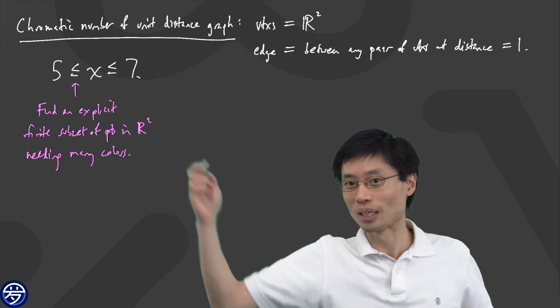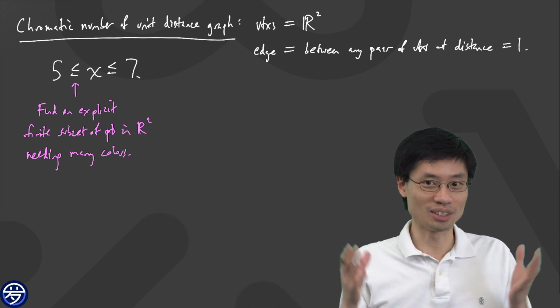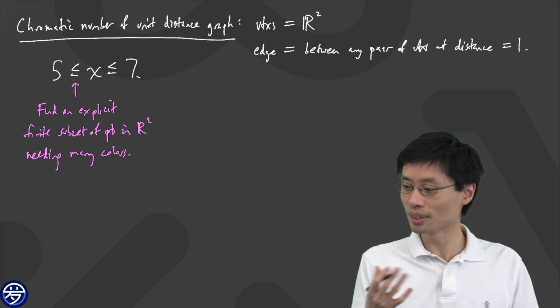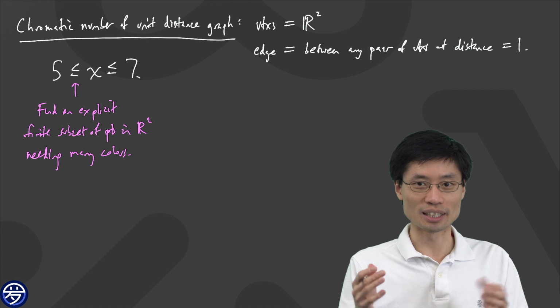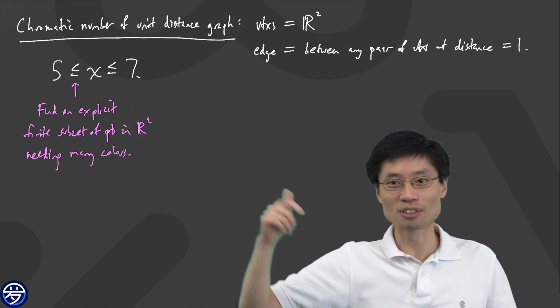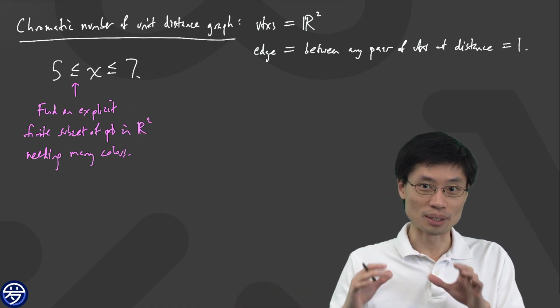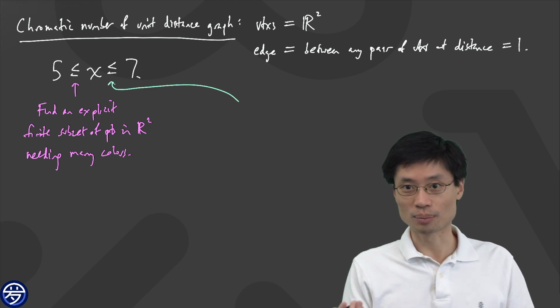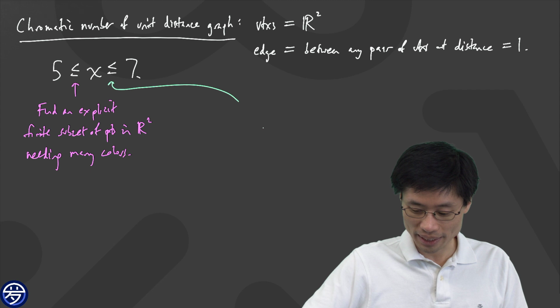The other side is one where you just find a coloring and use it. There's a way to color all of these points. It has something to do with a hexagonal grid. If you think about why this 7 is relevant, it's because I can draw a bunch of hexagons. You can tile the plane with these hexagons.